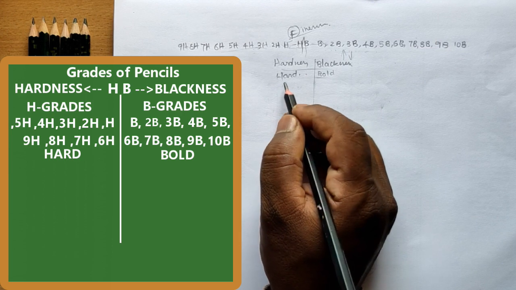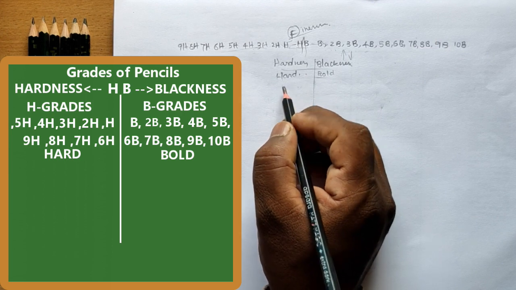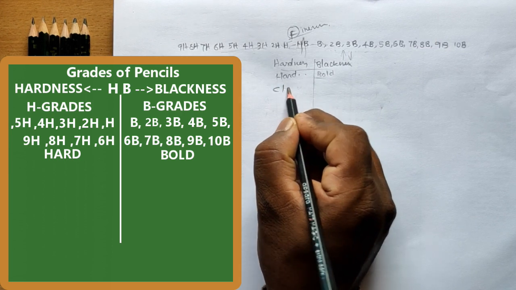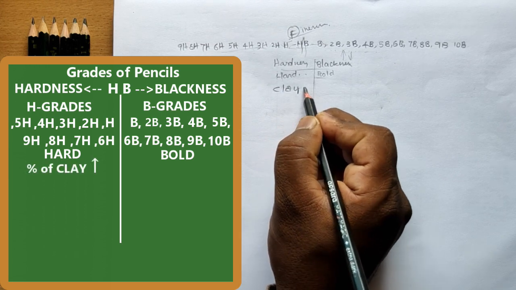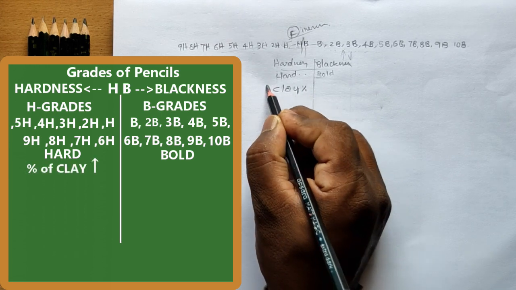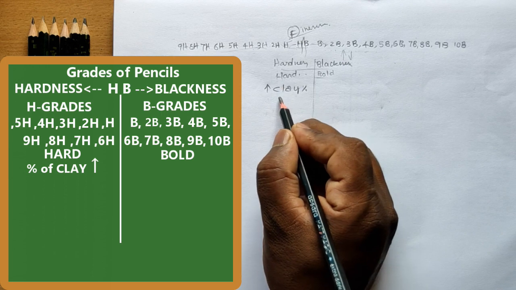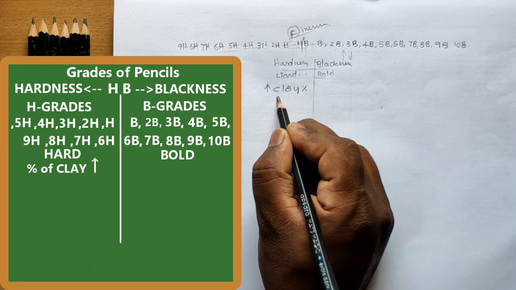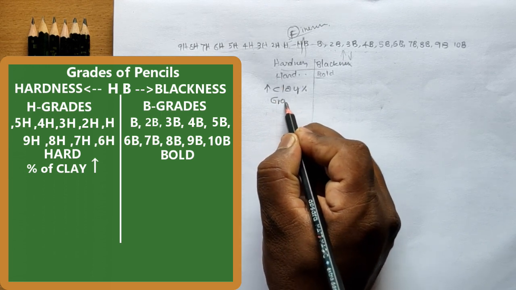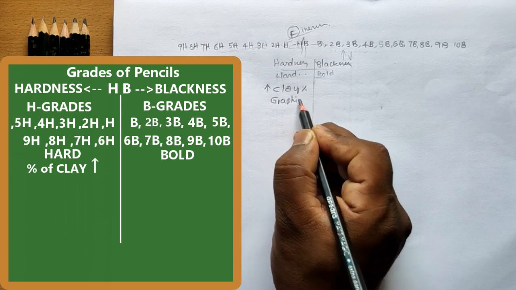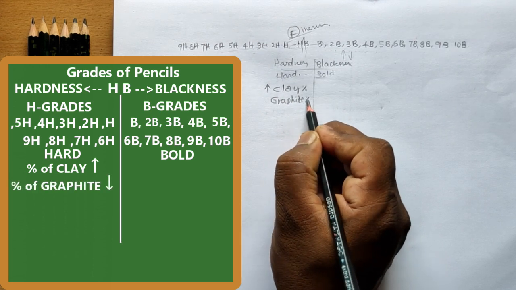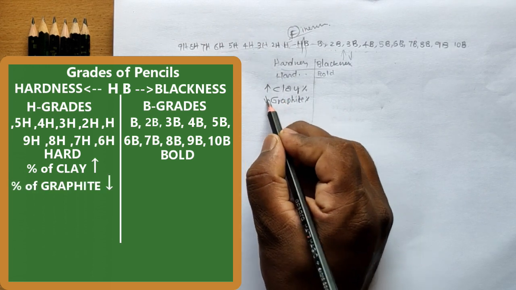In H grade pencils, the percentage of clay keeps increasing from number to number. So when the clay percentage is increasing, automatically the percentage of graphite is reduced.